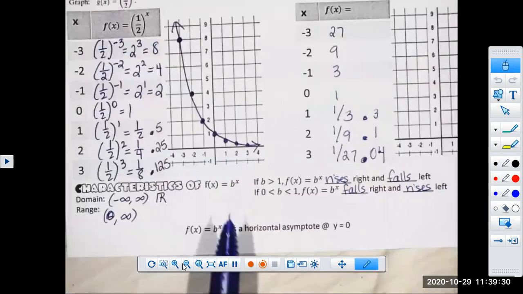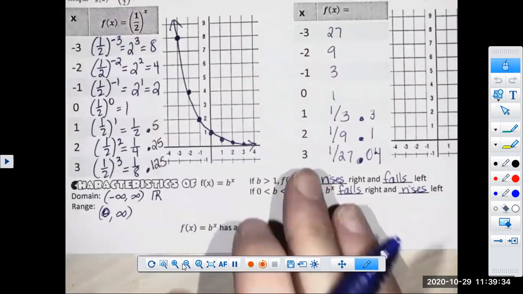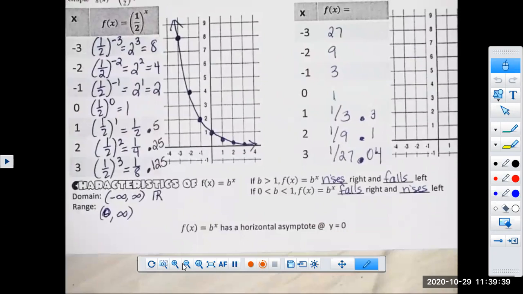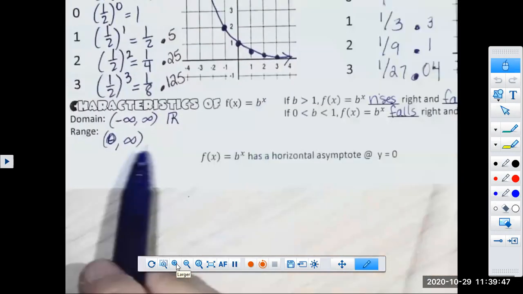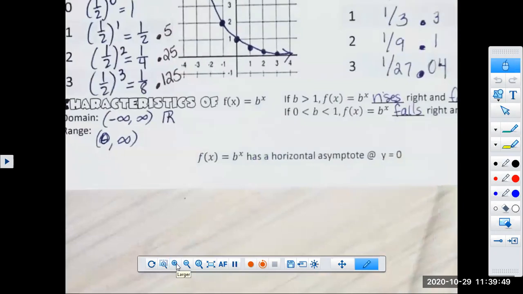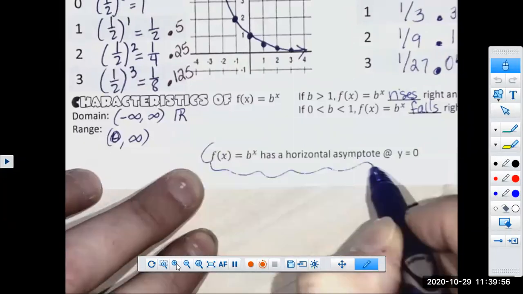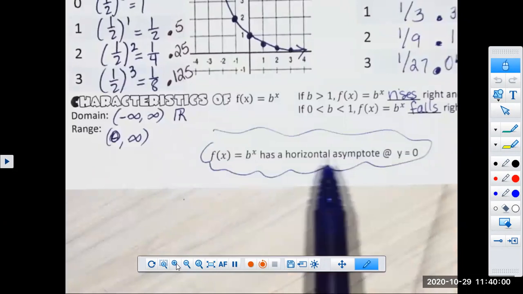So the characteristics of just your basic exponential function graph: we've already talked about how your domain is all real numbers. For all of these graphs, y equals 0 is our asymptote. So we said our range is going from 0 to infinity. Domain is all real numbers. And notice at the very bottom, it tells you that this graph has a horizontal asymptote at y equals 0.